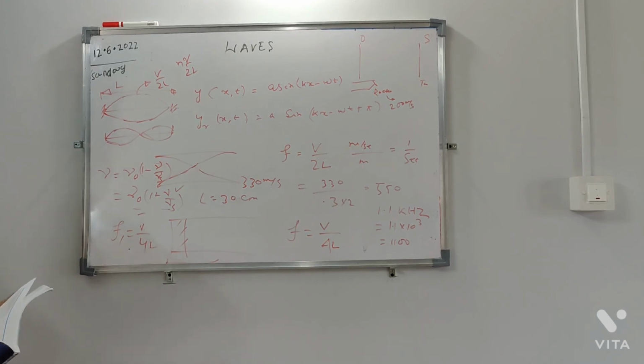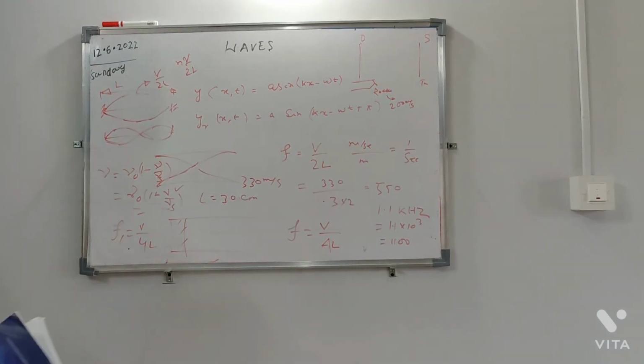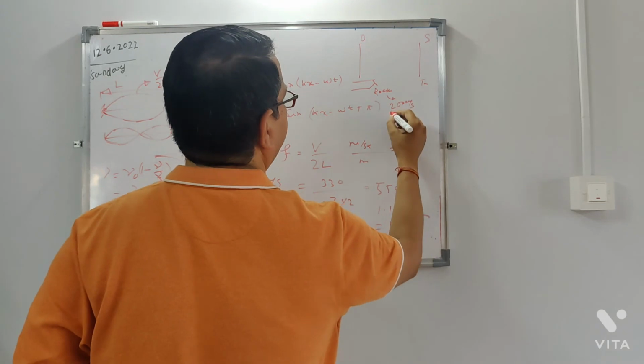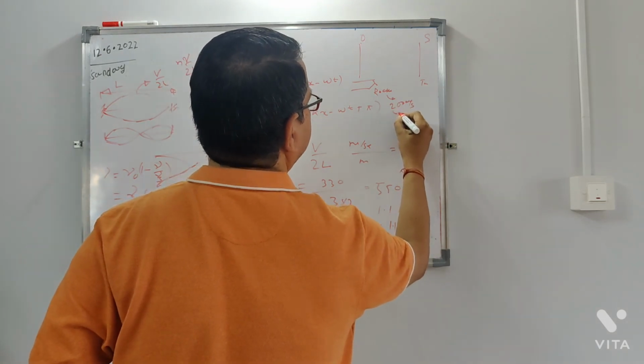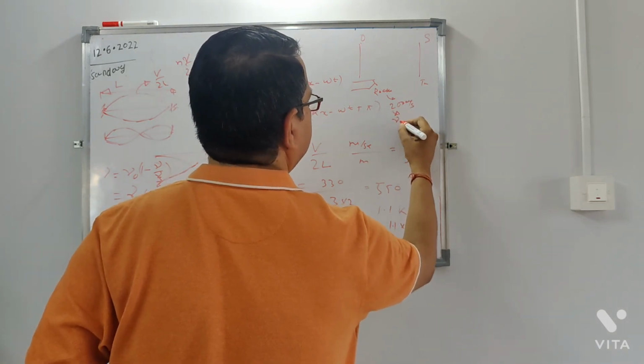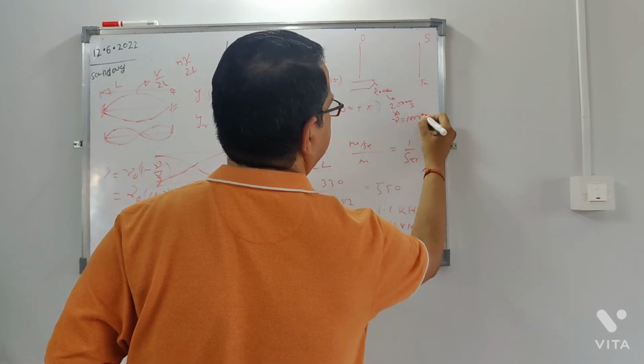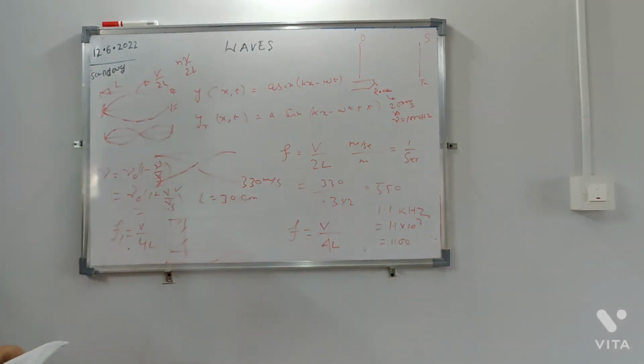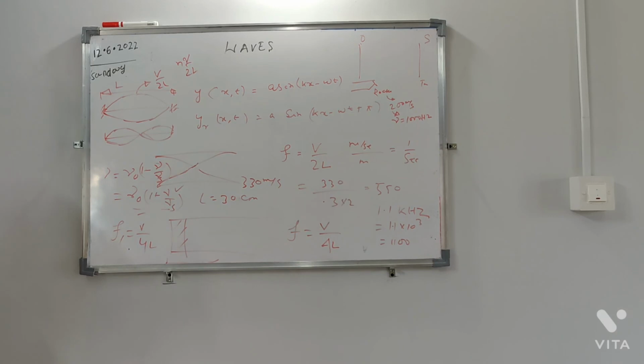So this is my target, which is stationary, and this is the rocket, the object. While moving, it emits a sound wave of 1000 hertz, so the rocket's frequency is v0 = 1000 hertz. Then find the frequency of sound as detected by the target.